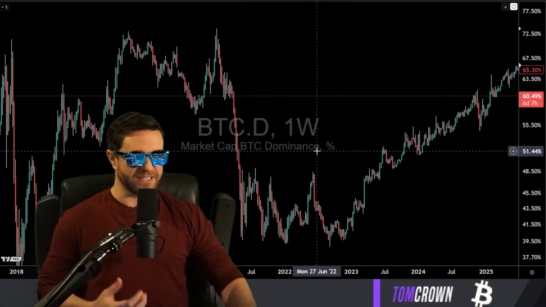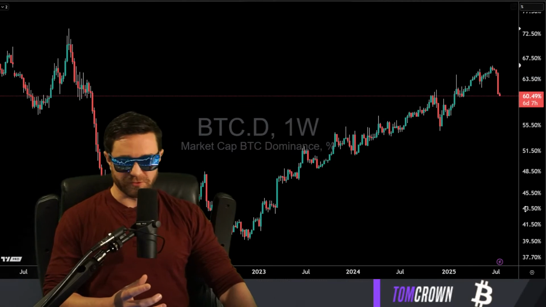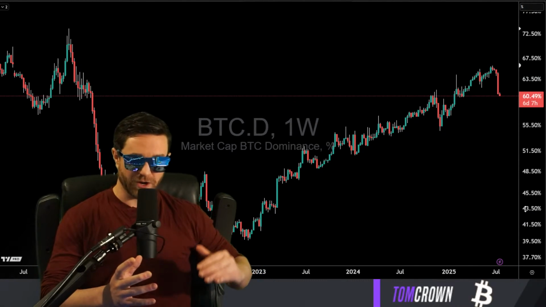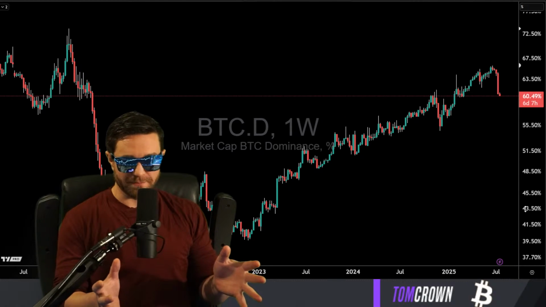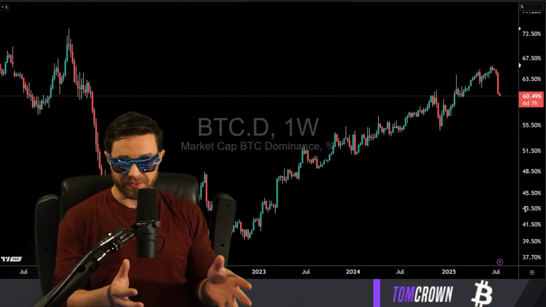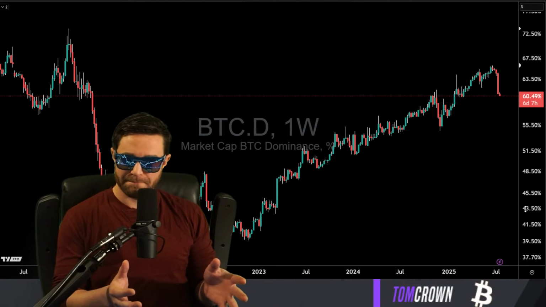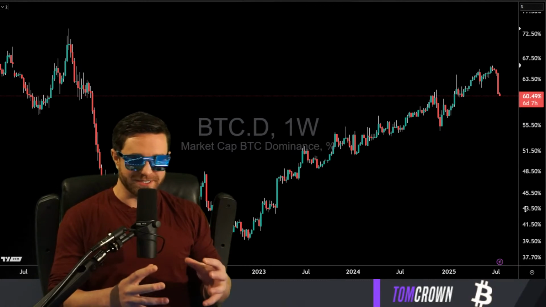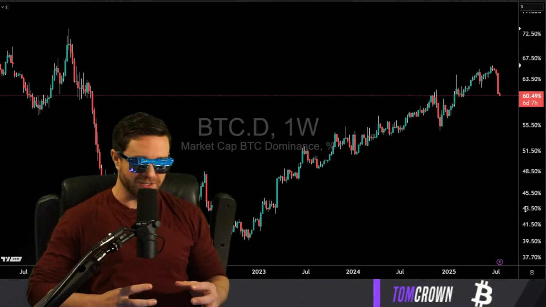Think about this logically. If the total size of crypto is increasing and Bitcoin's market share of that is dropping, that means more and more of that money is going to altcoins. It's going to other things outside of Bitcoin. When these two things are combined, we tend to see that full-blown euphoria, that full-blown alt season.